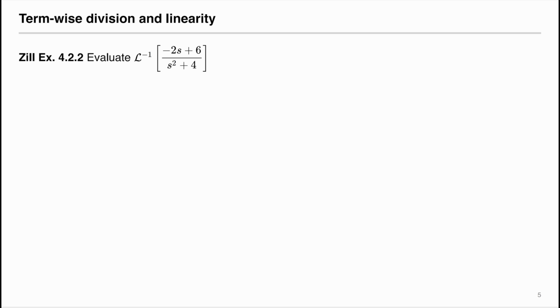Now let us look at a more complicated example where we have addition terms at the top of the numerator. To recall from the table, the inverse Laplace transform of a over s squared plus a squared is sine of a t, and the inverse Laplace transform of s over s squared plus a squared is equal to cosine of a t.